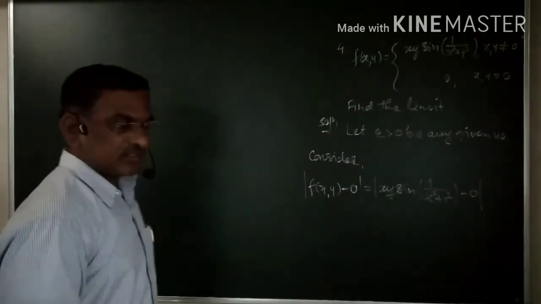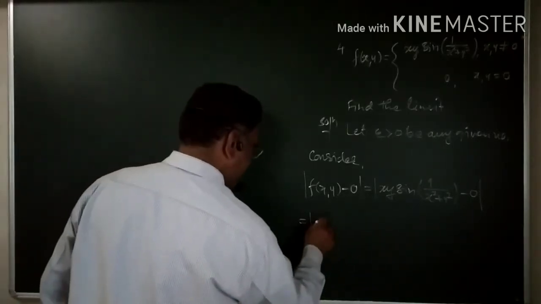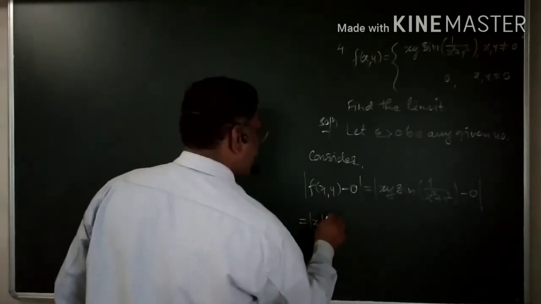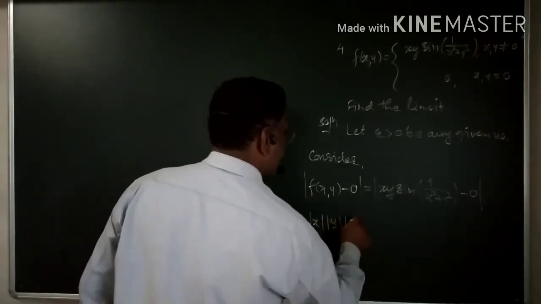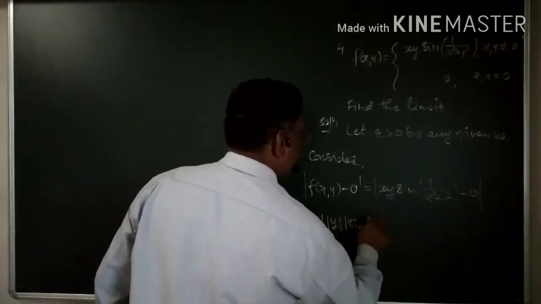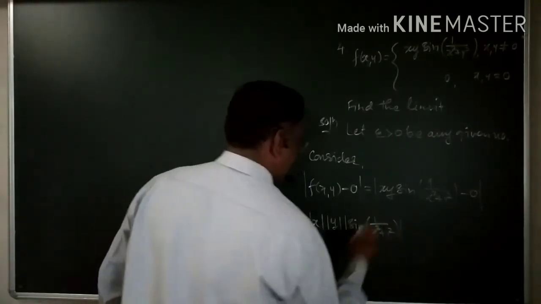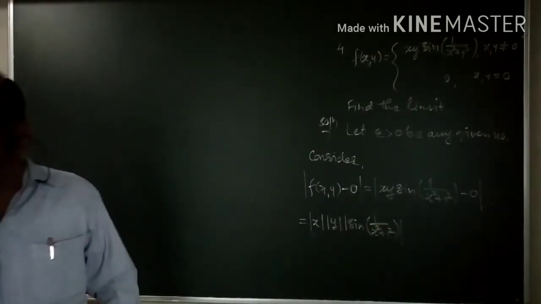This is further equal to absolute value of x into absolute value of y into absolute value of sine 1 over x square plus y square, by using the inequalities.